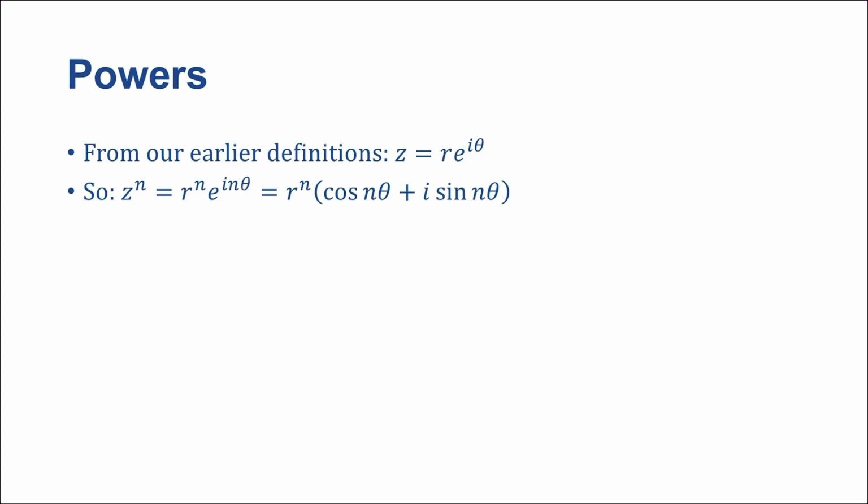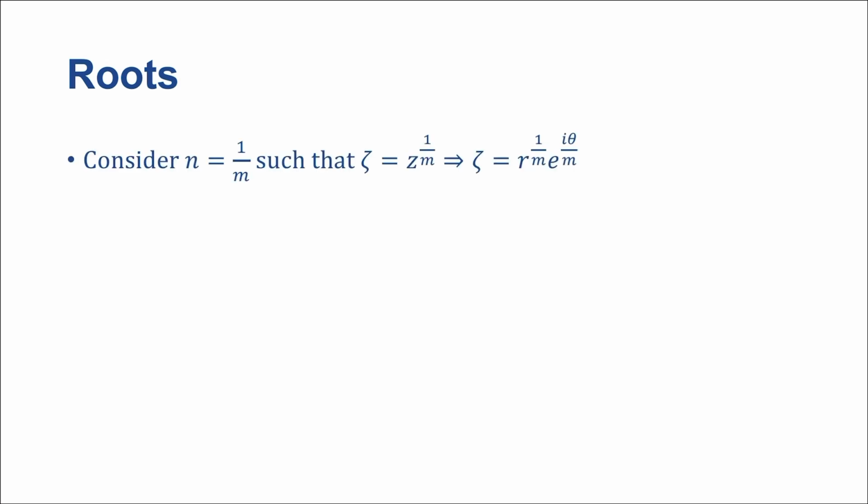But there is a little bit more nuance on the other side of things when we start thinking about what complex roots look like, which is what we're going to do now for the next part of the video. So if we consider a complex root, we will consider n now being some 1 over m. So instead of having z to the n, we have z to the 1 over m.